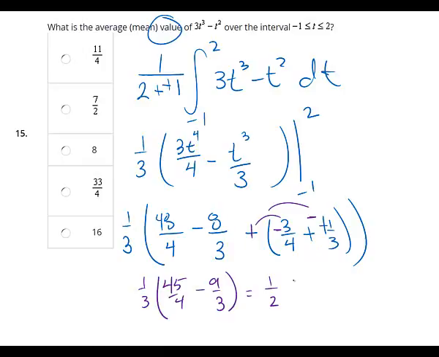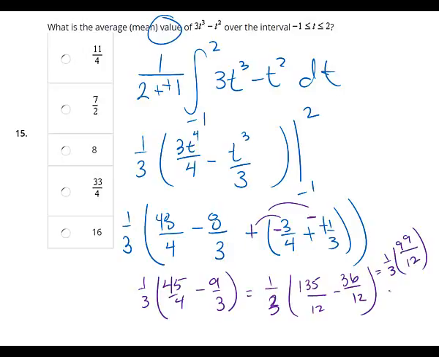Oh, I'm turning my 1/3 into a 1/2. That's not good. Alright, so we'd have to put 12, right? Alright, so let's see, what's 45 times 3? Everybody okay with the 135? Alright, what about 9 times 4? Okay, so it's 135 minus 36. 99?